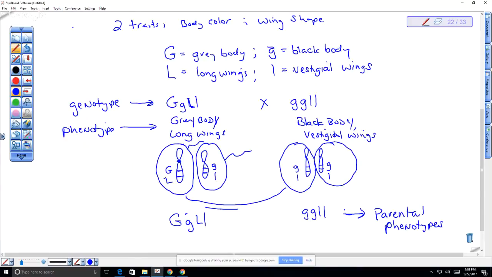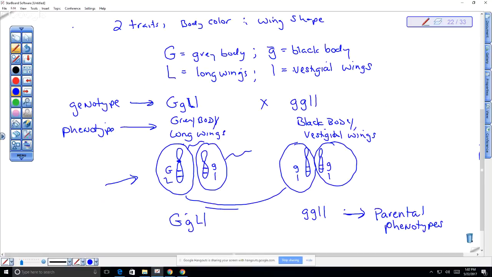So this is my picture of the chromosomes right here. In order for me to get recombinant offspring, in just this parent alone, it happens in this parent too, but it doesn't matter.